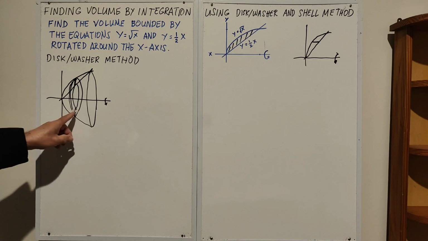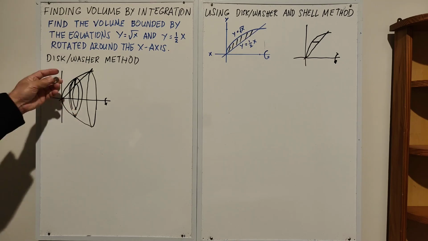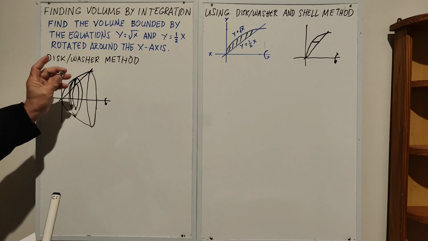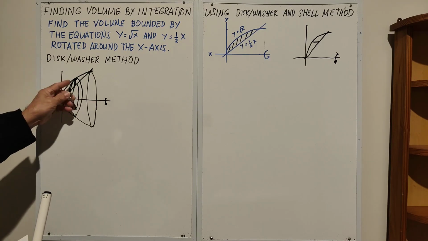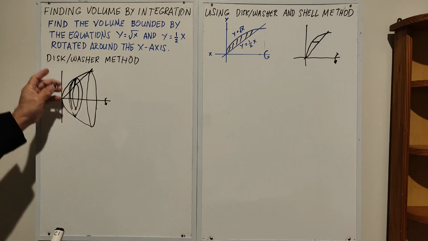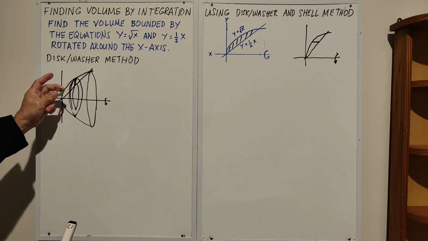This drawing will look like a washer. I have exaggerated the thickness, but it's supposed to be very thin. So we slice it perpendicular to the axis of rotation, and it will look like a washer.